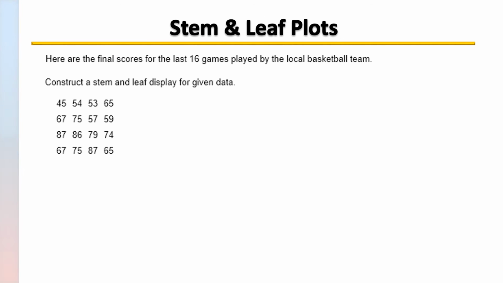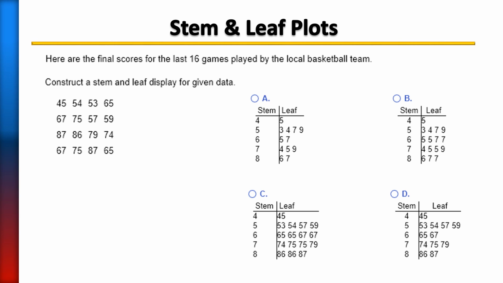Here is a stem and leaf plot for final scores for the last 16 games played by a local basketball team. So to construct a stem and leaf, which of the A, B, C, D shows the correct stem and leaf plot that represents the data?